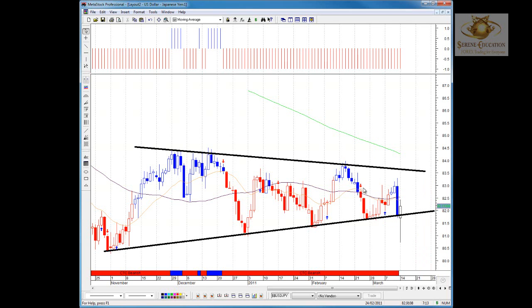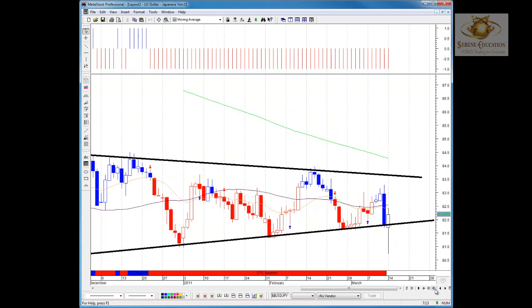But what it's done though is it's left this country in a lot of turmoil, and we saw the first part of this morning, we saw the US dollar losing ground, which meant the Japanese yen was getting strength.